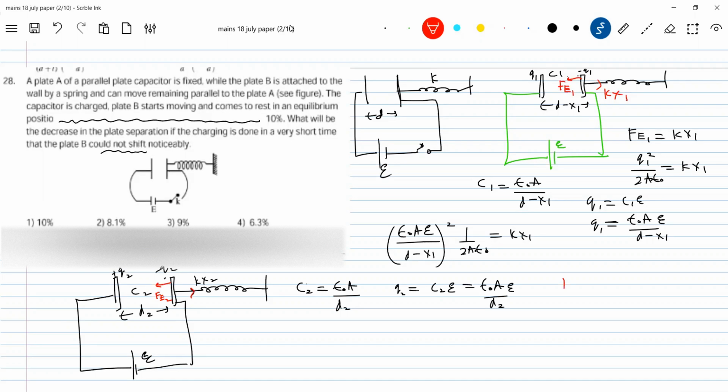So this Fe2 should be equal to Kx2. What is Fe2? It should be equal to Q2 square by 2A epsilon naught. So what is that Q2? Q2 should be equal to this much, epsilon naught.